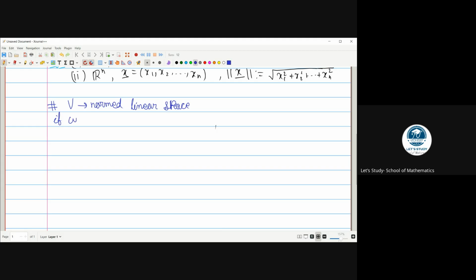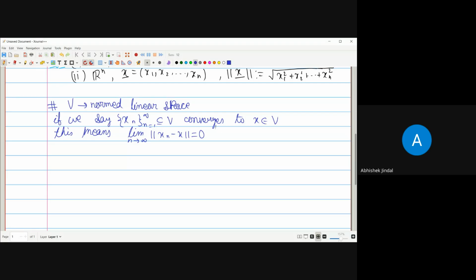If we say a sequence xn converges to x, this means the limit as n tends to infinity of norm of xn minus x equals 0.